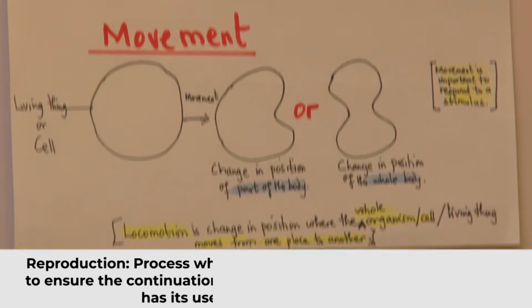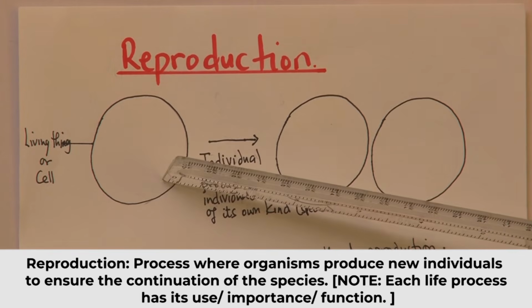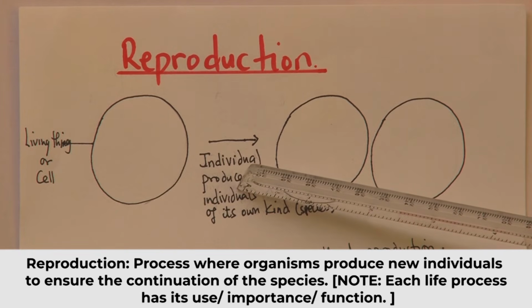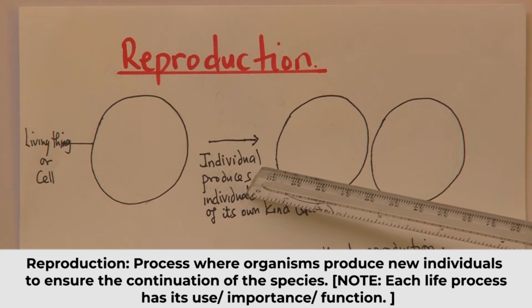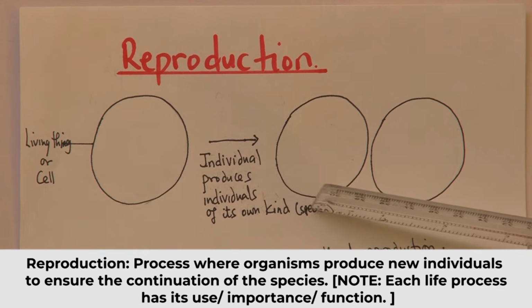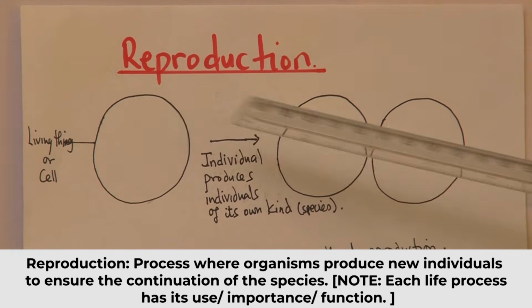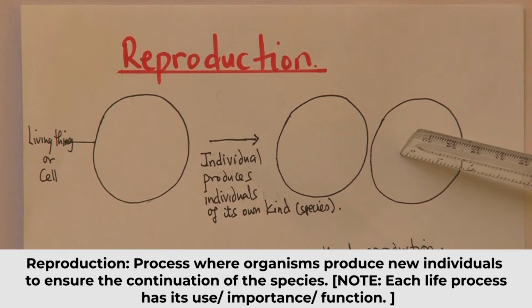Well, reproduction, here is this living thing or cell. The ability to produce more of itself, the same kind, species, all right, is reproduction. So this cell or living thing produces these two. It's reproduced, all right?